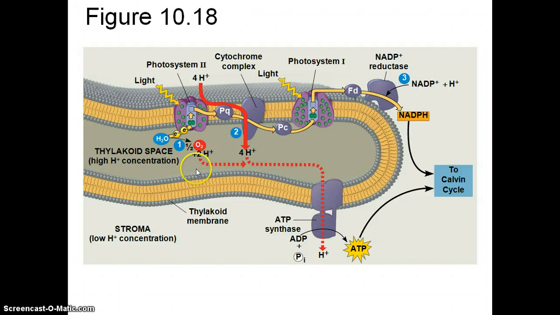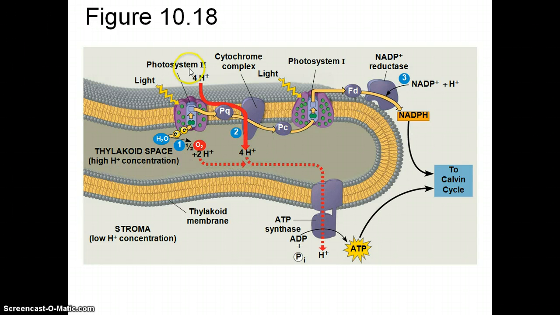But we still have these hydrogen protons that are floating around inside the thylakoid space. So this is again our thylakoid membrane. Inside we have this empty space. And what is important about this space is that it becomes a place where hydrogen protons start to gather.